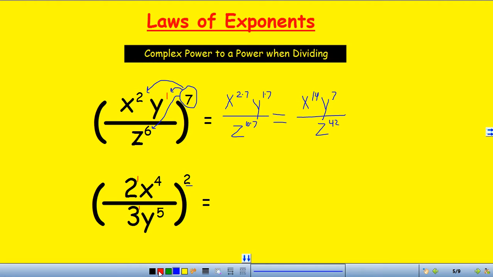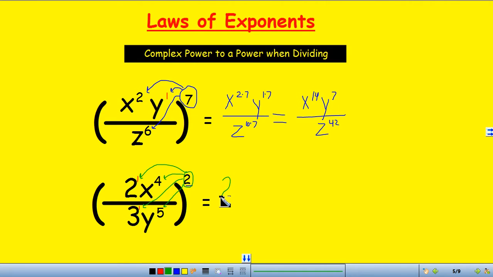We have to now do our distributing property, where we're going to distribute the 2 to this exponent here, to the exponent here, and to the exponent here. Now let's rewrite it.